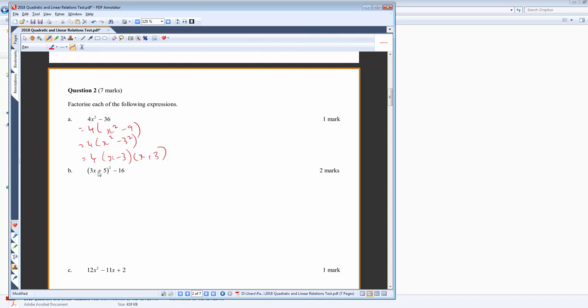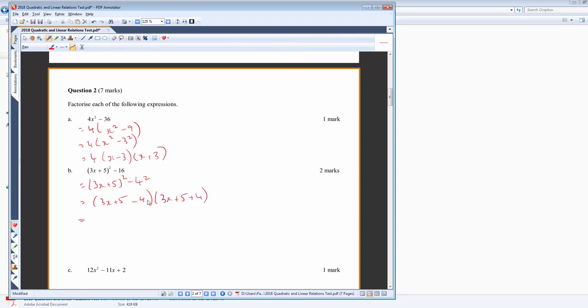Okay, the next one, what we're going to do is rewrite this in, well, I call it DOPS form, I don't know what it's officially called. 3x plus 5 all squared take 4 squared. So now we've got the difference of 2 squares. Alright, now this is the same as 3x plus 5 take 4, 3x plus 5 plus 4.